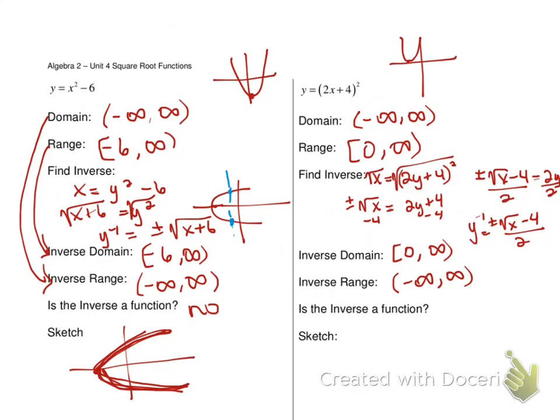And I'm even going to put parentheses around the whole numerator. Okay, and then I'm also going to do minus the square root of x, minus 4 divided by 2. And when I graph it, it's going to look like this.